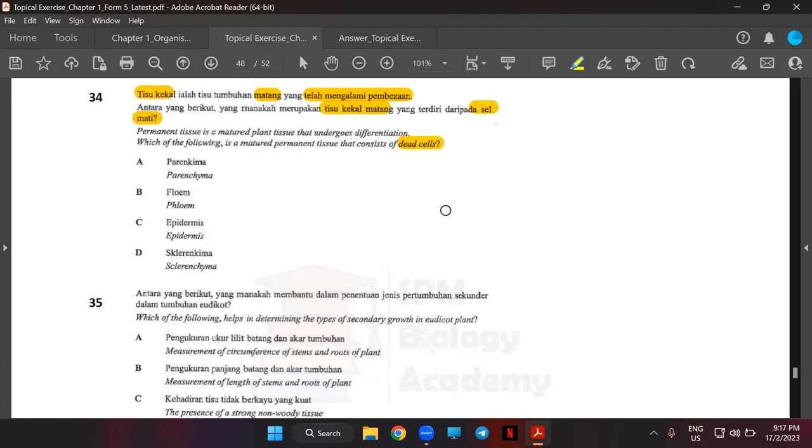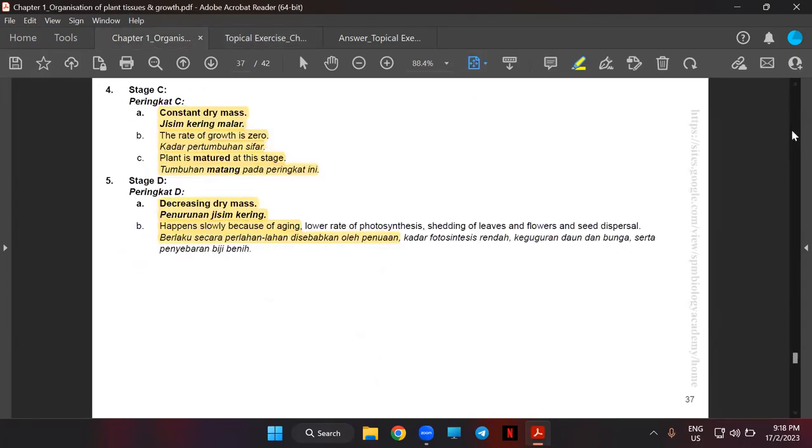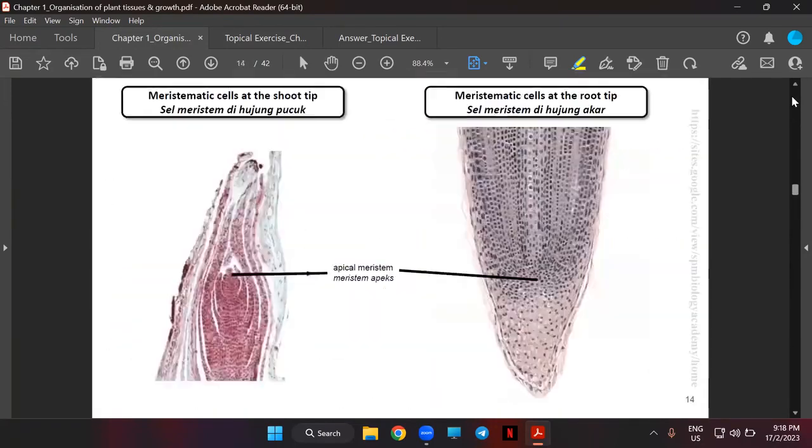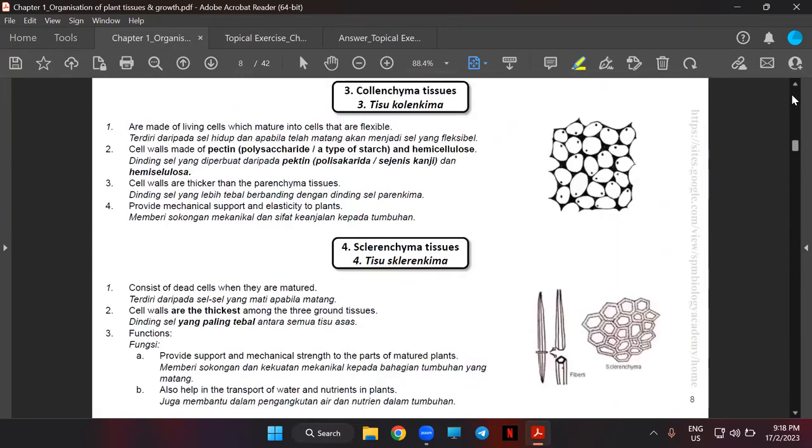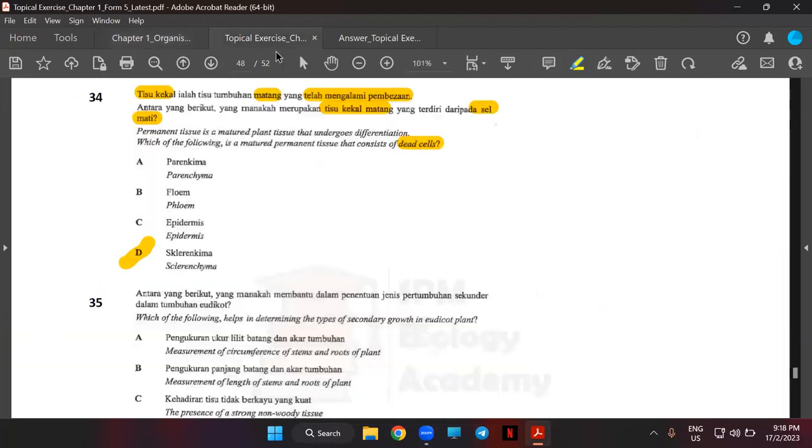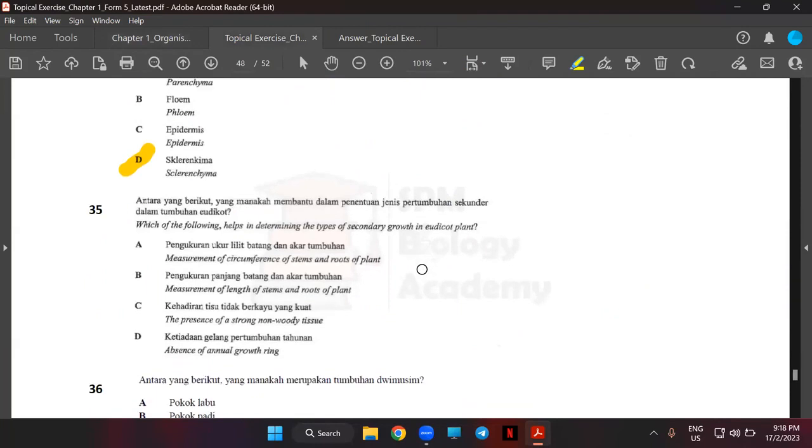Sel-sel mati punya permanent tissue. Jawapan kita ialah sclerenchyma. Kalau kita buka nota sclerenchyma, you see, consists of dead cell. Terdiri daripada sel-sel yang mati. Okay? Right. So jawapannya ialah D.